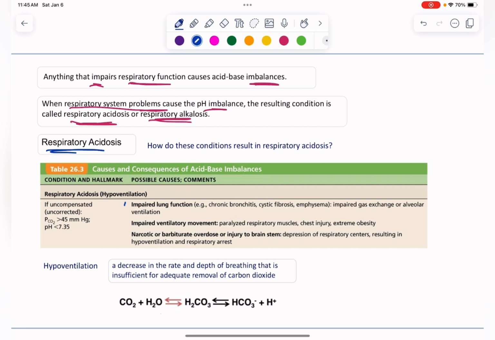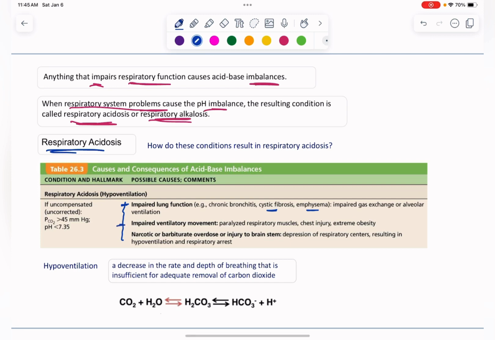And these are three situations that can cause respiratory acidosis. Impaired lung function. Impaired lung function due to chronic obstructive pulmonary disorder, emphysema, cystic fibrosis, stuff like that.